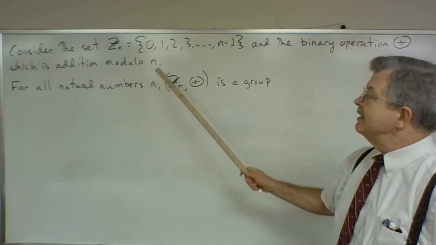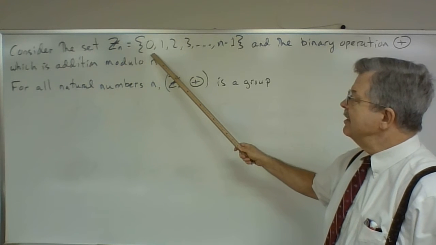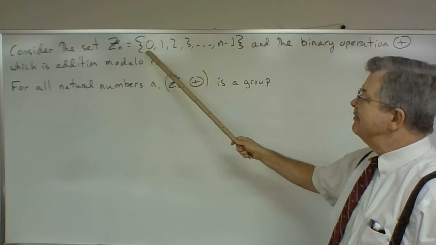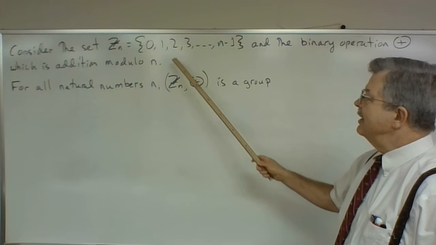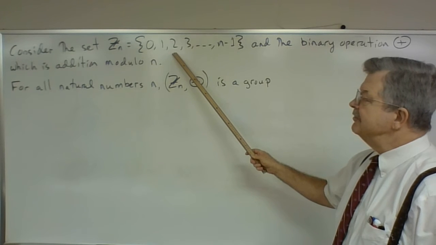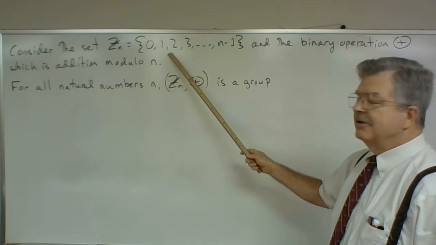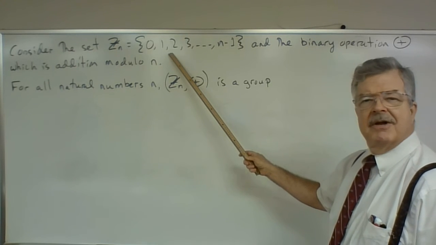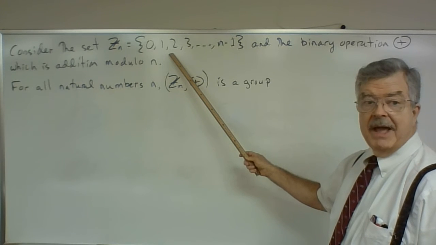So consider the set Z sub n, which is the set of integers from 0 to n minus 1. There are n elements in this set. And if you think about it, this is the set of remainders modulo n.